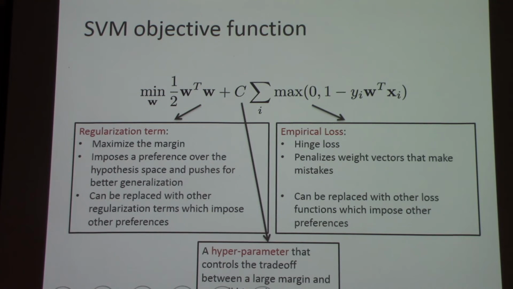And the sparsity that you mentioned, for reducing the dimensionality? You can think of it that way. It's sparse in the sense that it pushes for many of the weights to be 0.